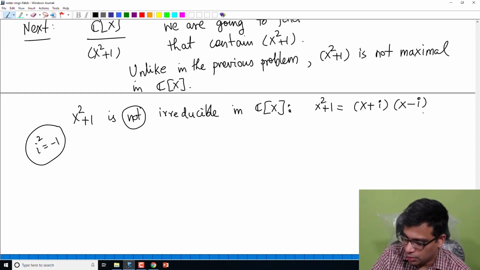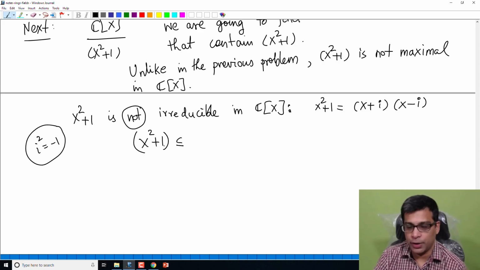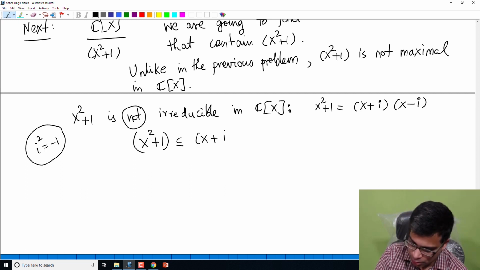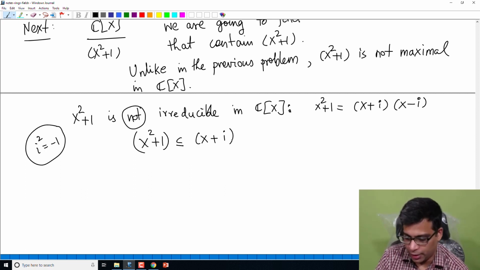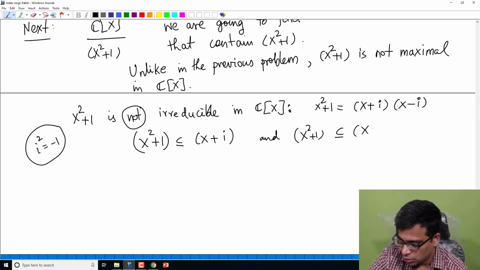So immediately, from the previous exercise that I left for you, the argument in that exercise tells you that the ideal generated by x squared plus 1 is contained in (x plus i) and also (x minus i).